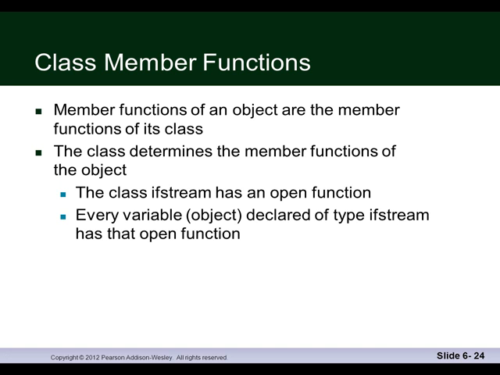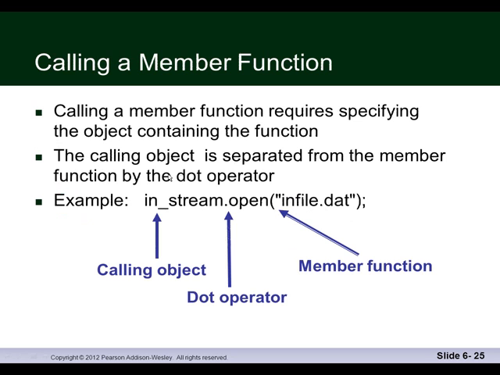So we call those member functions that exist from the class. We are adopting them from the class. So the class ifstream has an open function, and every variable object declared of type ifstream has the open function. So every time I create one, it's going to adopt the functions available.